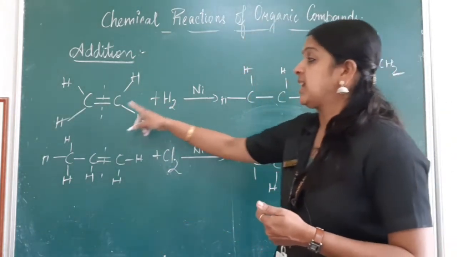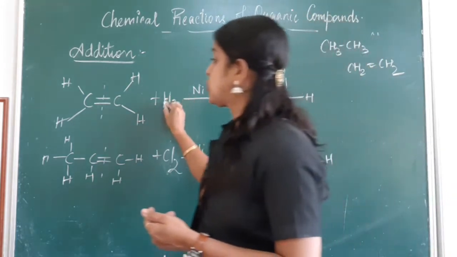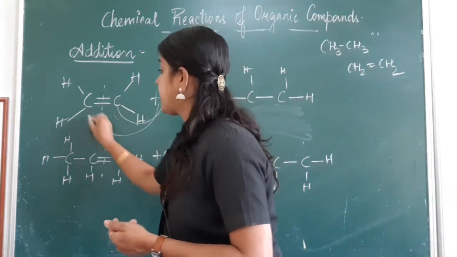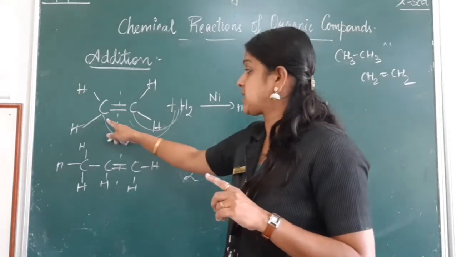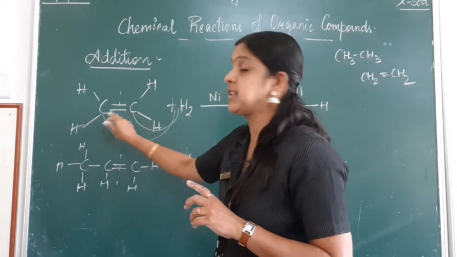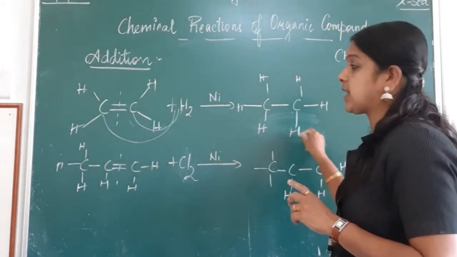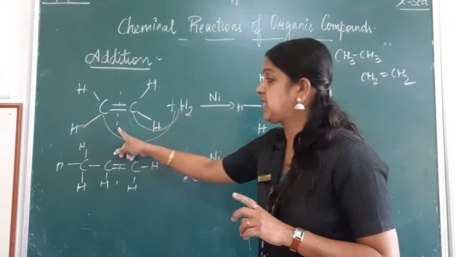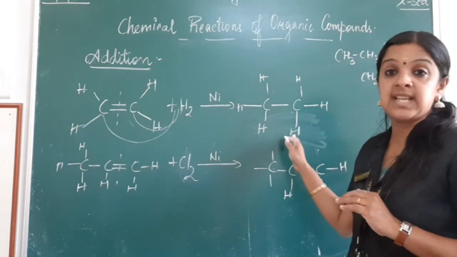So if ethene reacts with hydrogen in the presence of nickel as catalyst, the 2 hydrogens come and attack the 2 carbon atoms. One hydrogen attaches here, one hydrogen attaches there. So ethene becomes ethane. The double bond is broken and becomes a single bond.